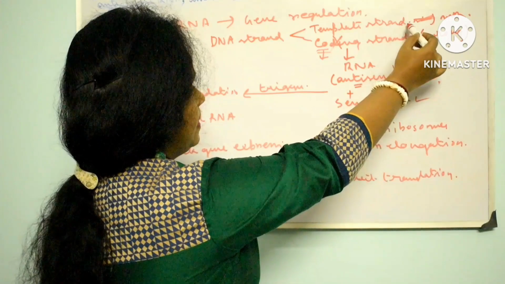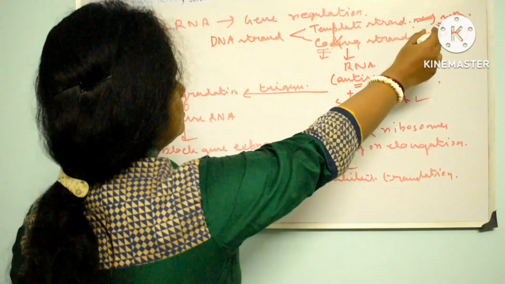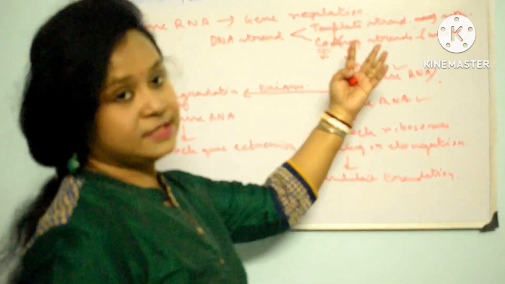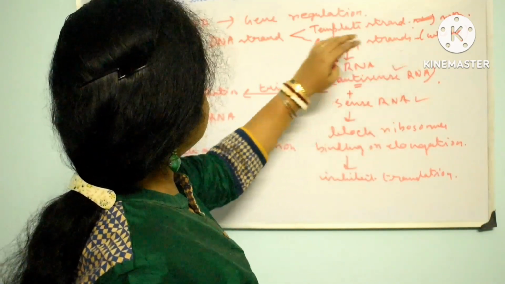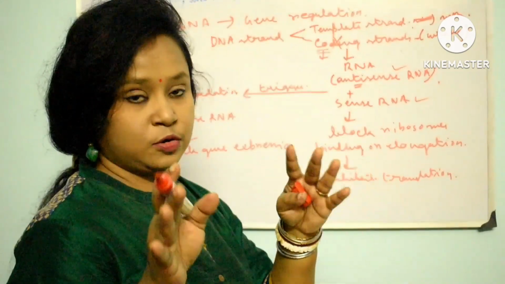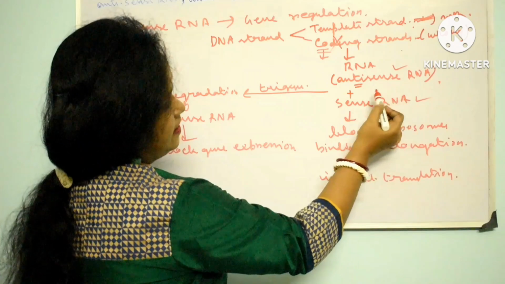Normally the template strand is transcribed into mRNA. The wrong strand, known as the coding strand, does not normally code anything. Sometimes, not always, RNA is synthesized from this strand, and that is known as antisense RNA.